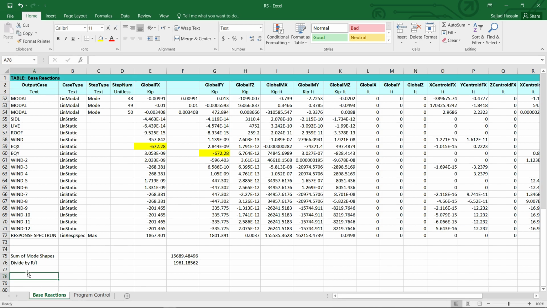So what should be the scale now? This scale should be equal to 0.85 and our force is somewhere here. Something wrong?